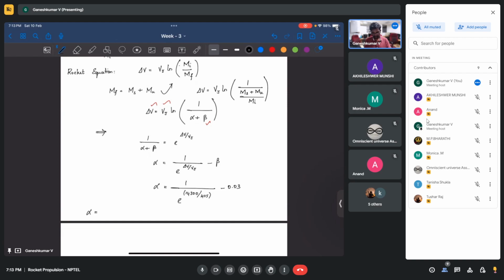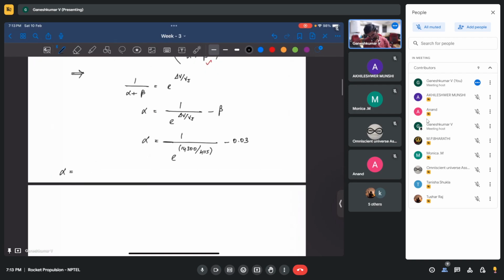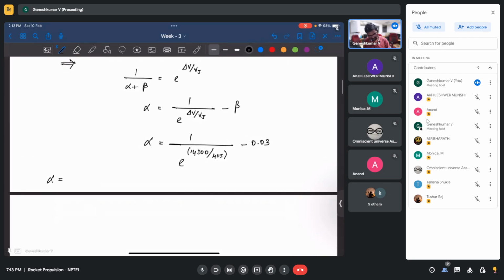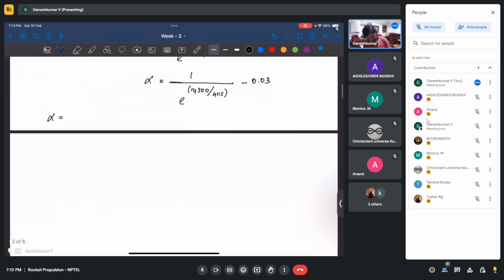Let's say if I want to quickly calculate it. If you guys know the answer, please let me know. I'm getting something like 1 by 32.3 minus 0.03, so it's coming 0.00096, so maybe three zeros after the decimal.